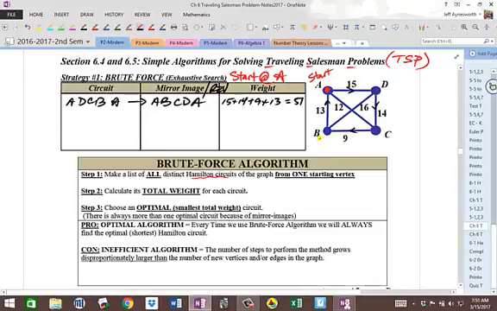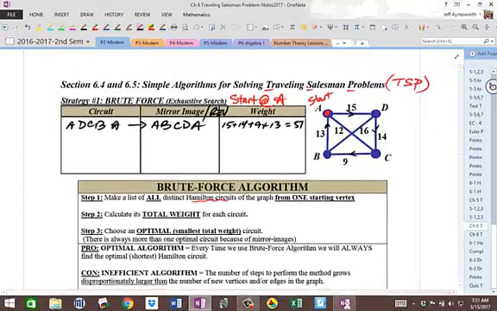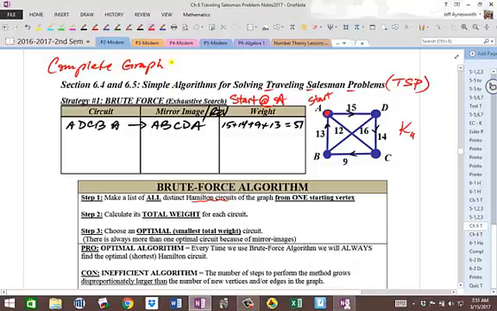You have to exhaust them all. You have to go through all distinct Hamilton circuits. And so the question is, how many are there in K4? This is a complete graph, which we call K4. So let's recall this. For complete graphs, the number of distinct Hamilton circuits is equal to n minus 1 factorial.